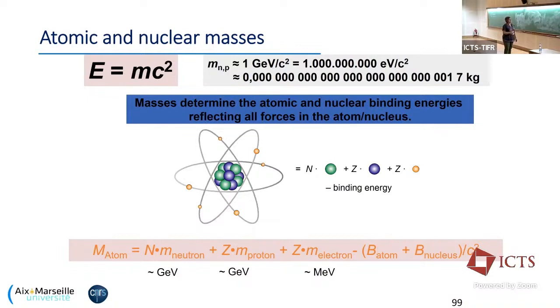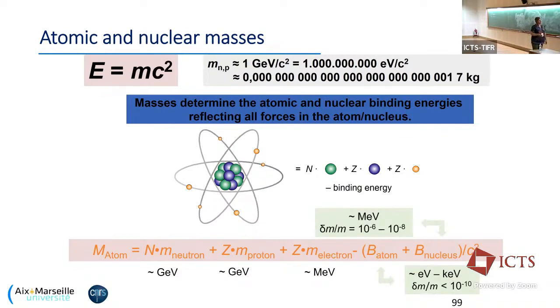And so you can split this down. If you have the mass of the atom, you have n times the mass of the neutron, which is in that range, giga electron volt per c squared. The proton is the same. The electron is, you know that, much lighter, 2,000 times lighter. So you have the number of protons, and minus the binding energy.